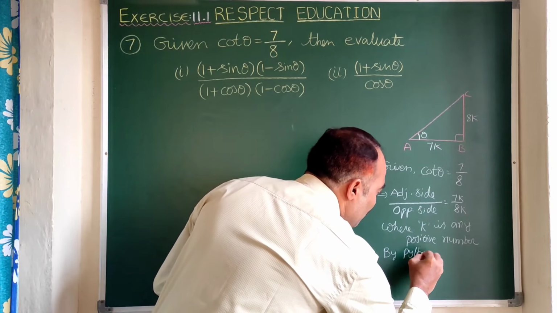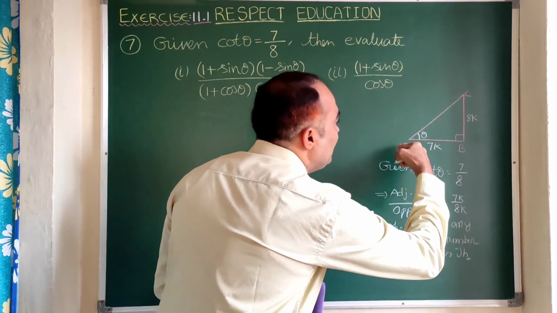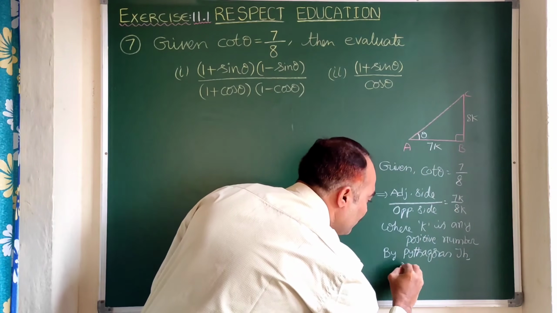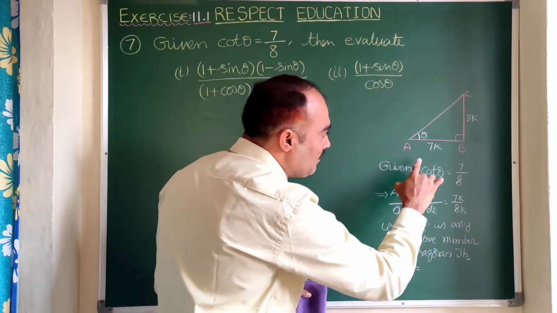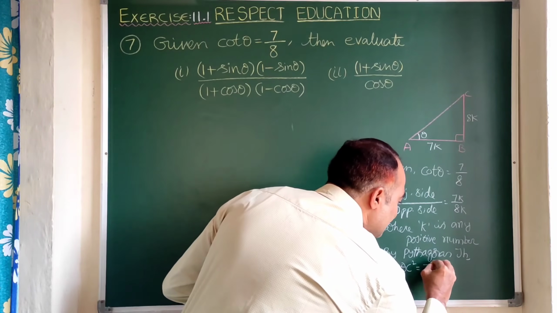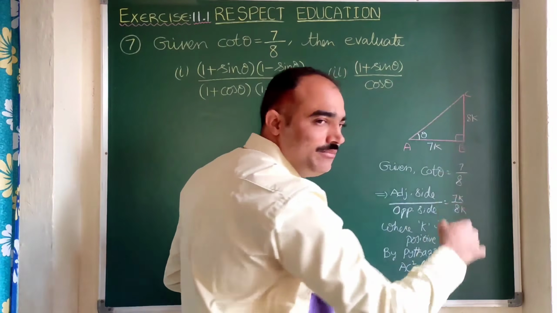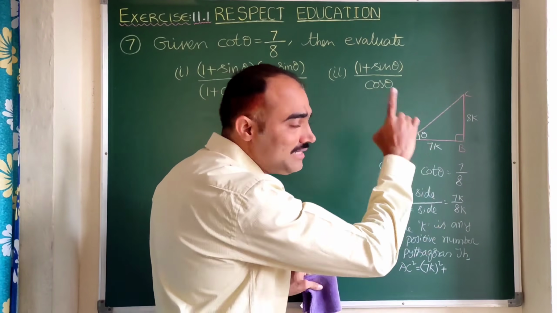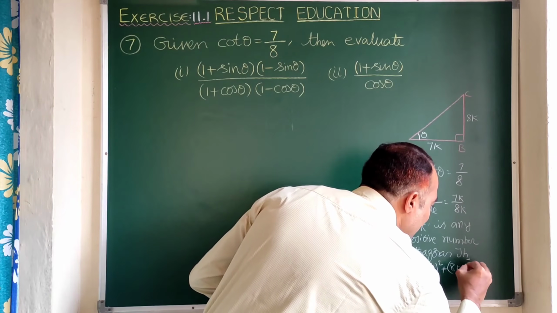By Pythagoras theorem, AC square equal to AB square. Here directly I am writing AB square is 7k whole square, plus BC square. BC means 8k, so BC square will be 8k whole square. What is 7 square?